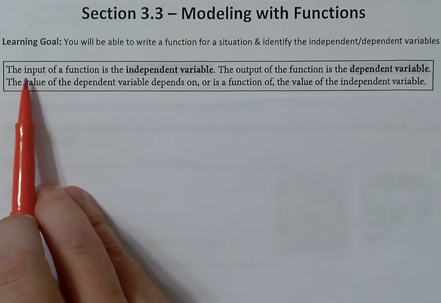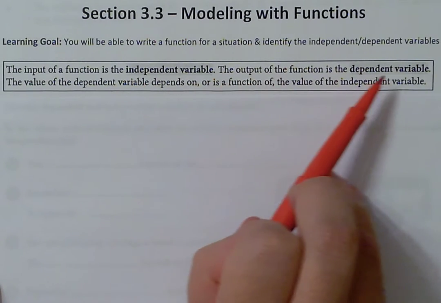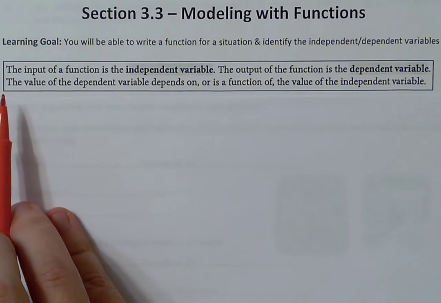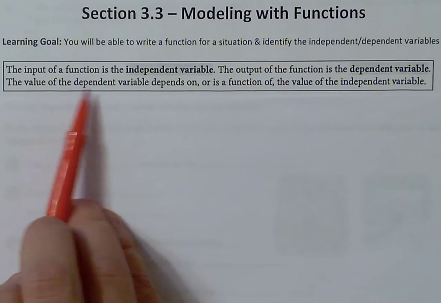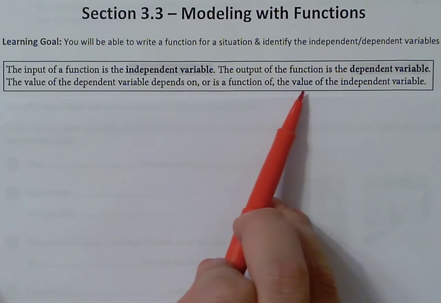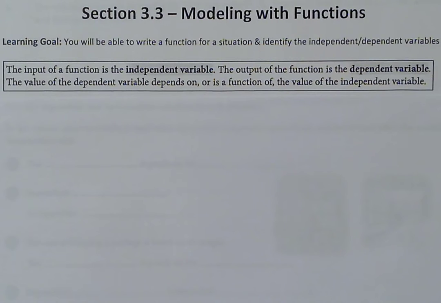Now, the input of a function is the independent variable, and the output of the function is the dependent variable. This is where the key statement comes in: the value of the dependent variable depends on the value of the independent. When determining independent and dependent, you have to ask yourself: what depends on the other thing?